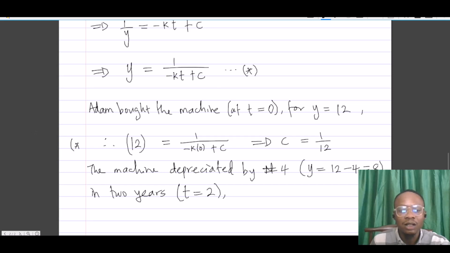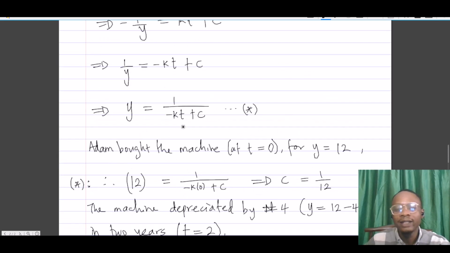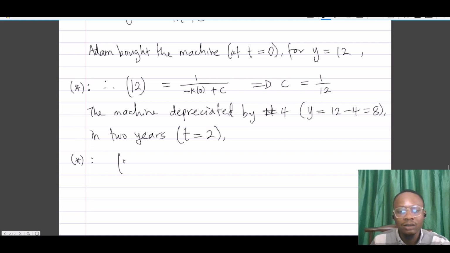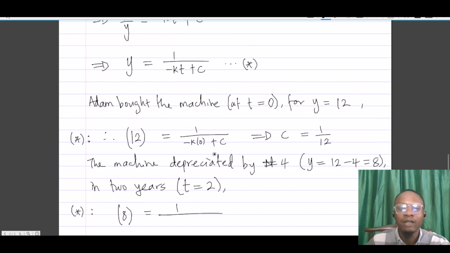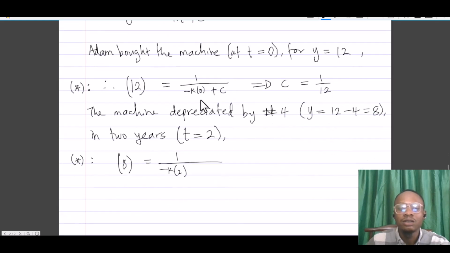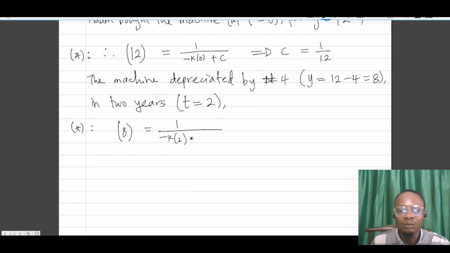So if we substitute this observation into equation star again, that will give us, when y equals 8, 8 equals 1 over minus k into 2, then plus c. So we already found our c to be 1 over 12, so we just put that here. So this will be plus 1 over 12.